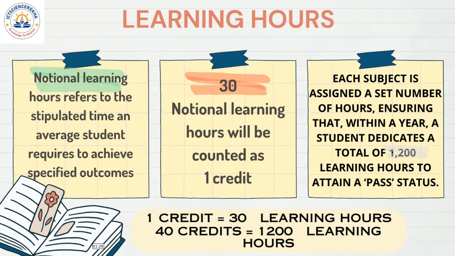So basically 1 credit is equal to 30 learning hours and each subject is assigned a set number of hours, ensuring that within a year a student dedicates a total number of 1200 learning hours to attain a pass status. So there will be 40 credits for 1200 learning hours.